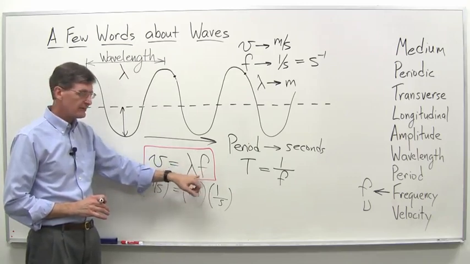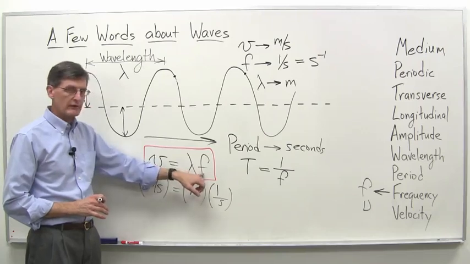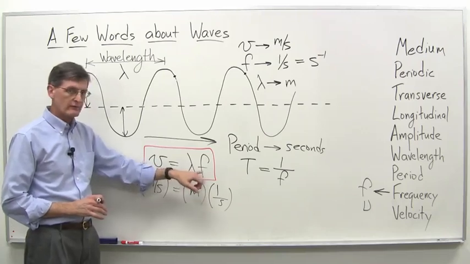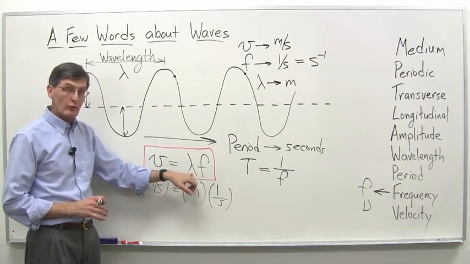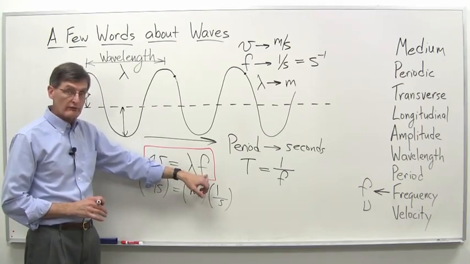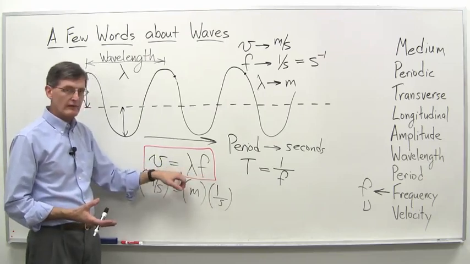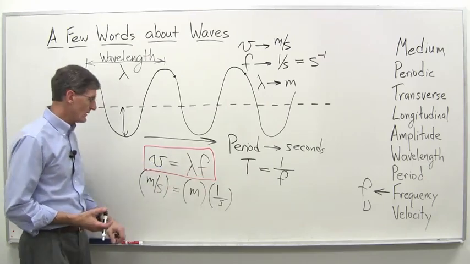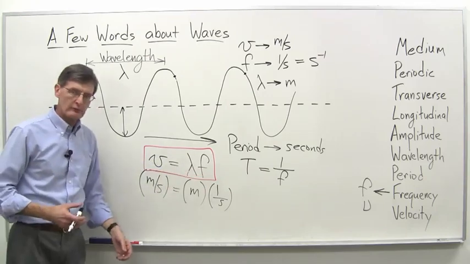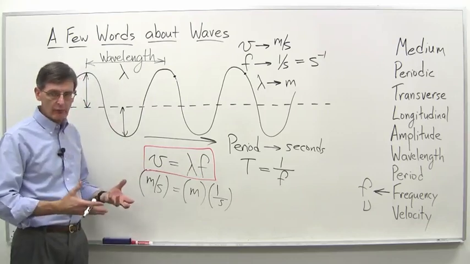Big frequency means short wavelength. So low frequency, big wavelength; short wavelength, high frequency. We'll mention those a little bit more when we get to light. But those are the key concepts of our waves now.